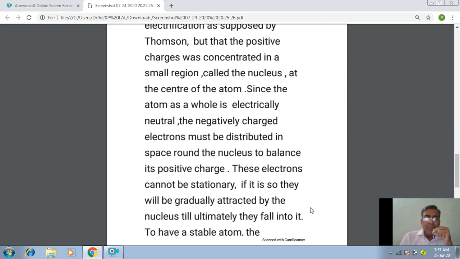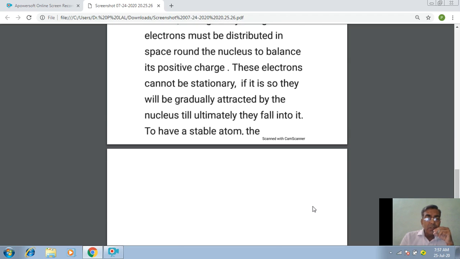Also, from this alpha particle scattering experiment, Rutherford concluded that these electrons cannot be stationary. If they were, they would be gradually attracted by the nucleus till ultimately they fall into it.